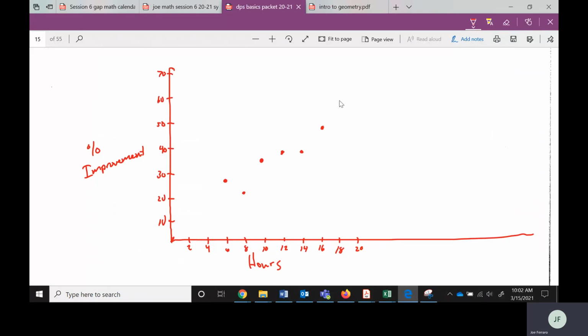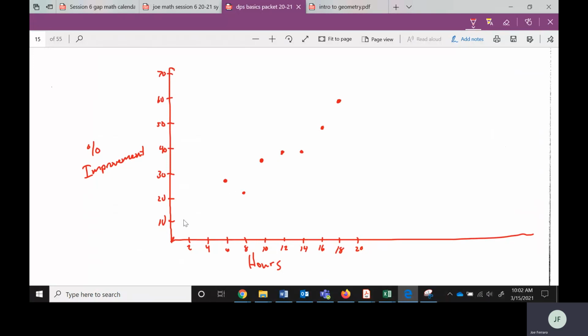Now what we need to do now is draw what's called a line of best fit, which means you want to make a line where you balance out your dots. So we wouldn't want to draw a line here because then you'd have all the dots above. We wouldn't want to draw here, then you'd have all the dots below. Okay, so what we want to do, kind of go through here.